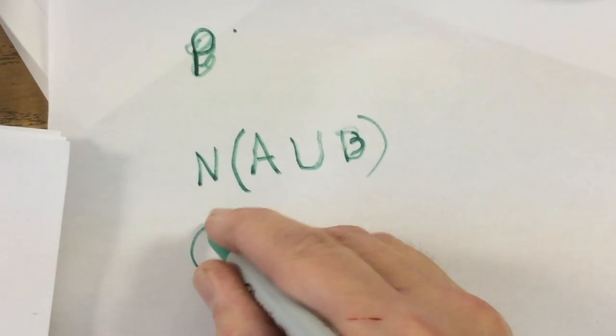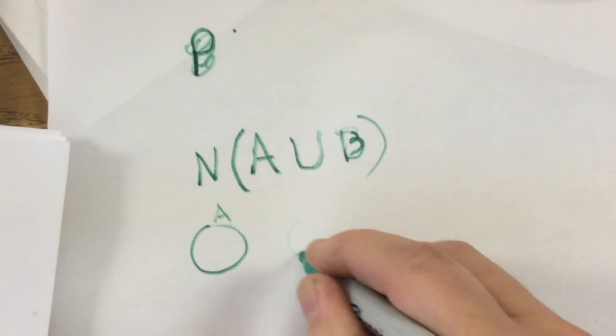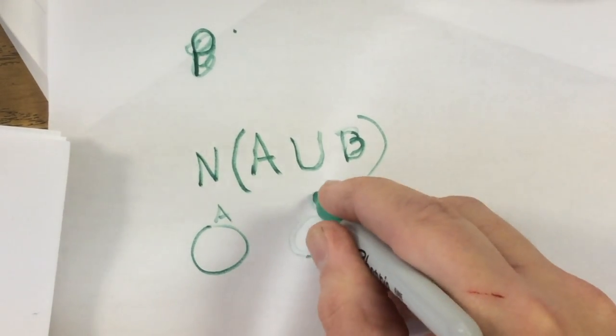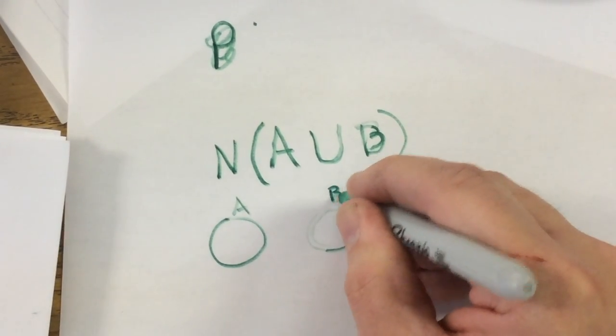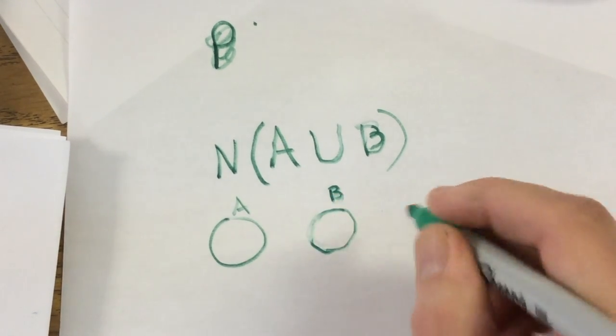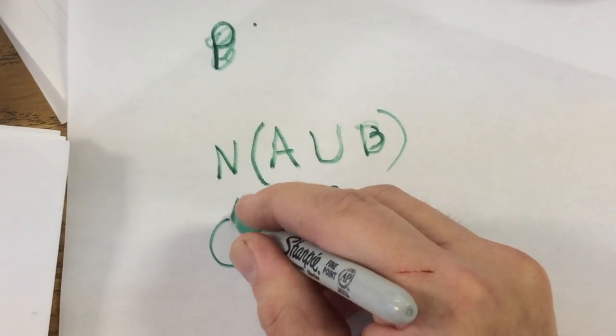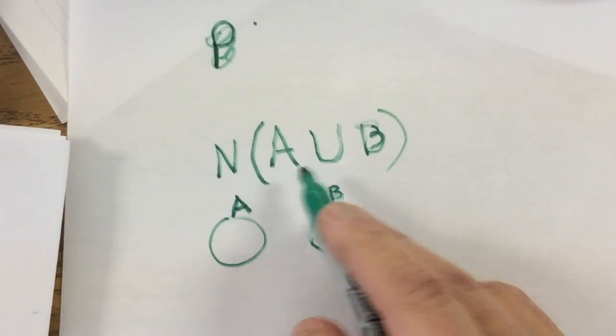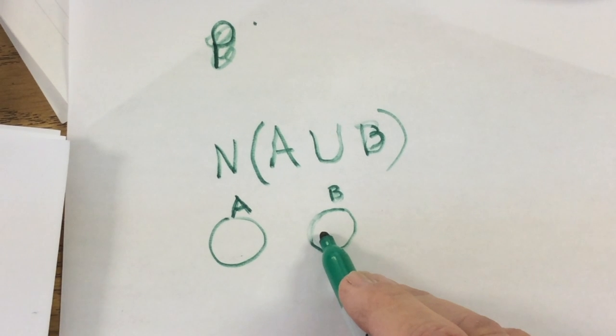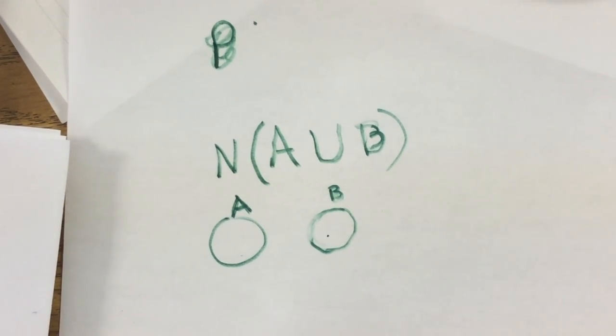A and B might be two distinct groups. Right? In other words, the total number of times I got heads and the total number of times I got tails combined.